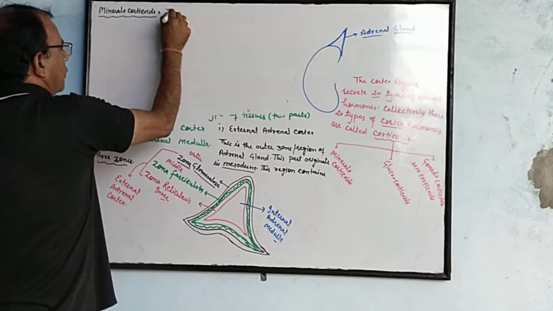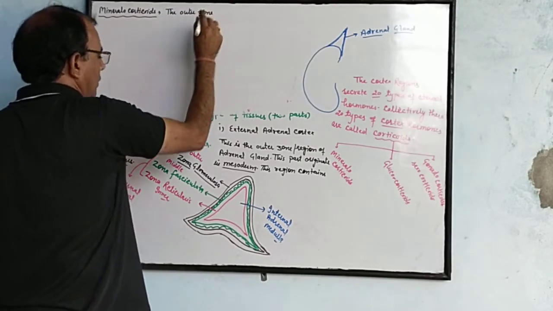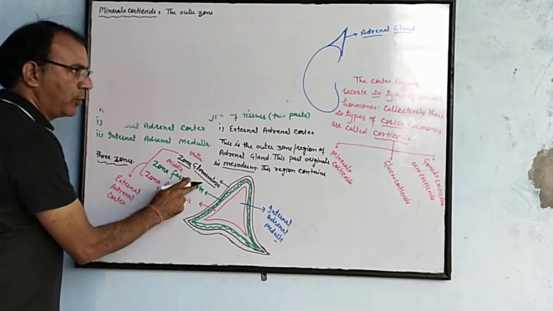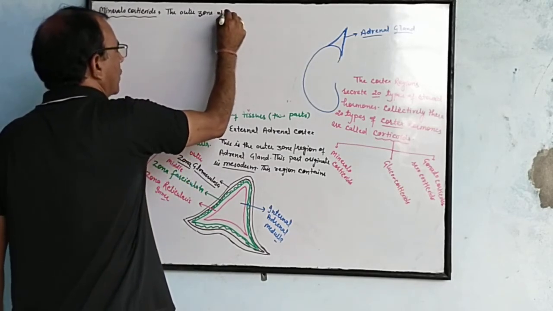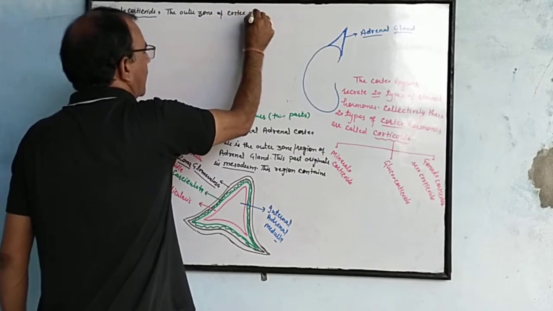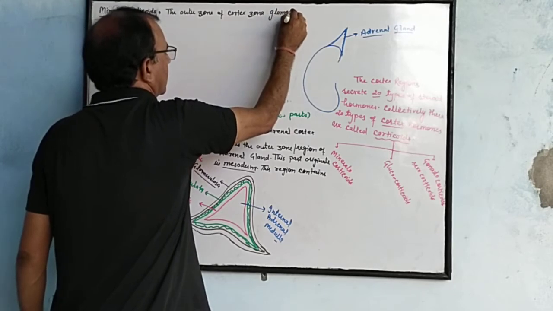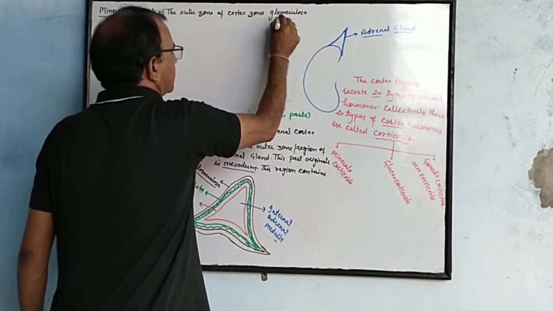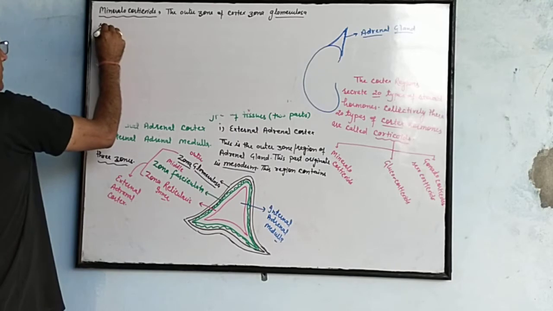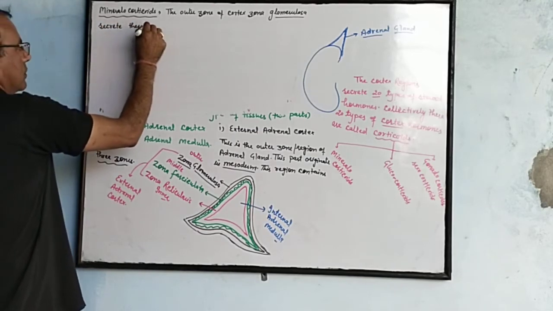The outer zone of the cortex, zona glomerulosa, secretes these hormones.